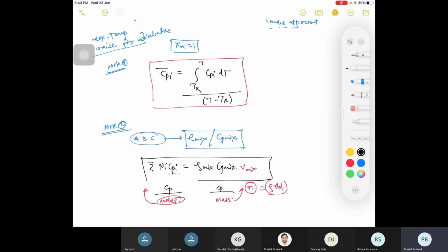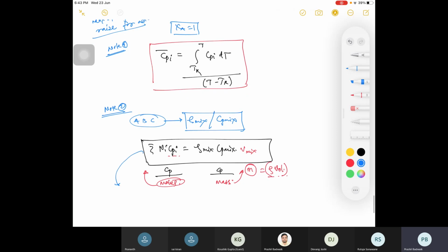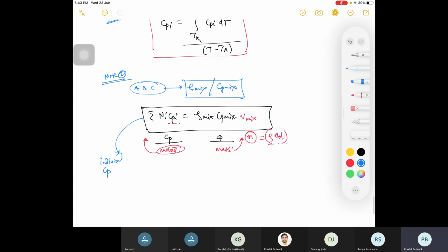So it depends on your question. If they have given you individual Cp values, then you need to go for the molar Cp concept.